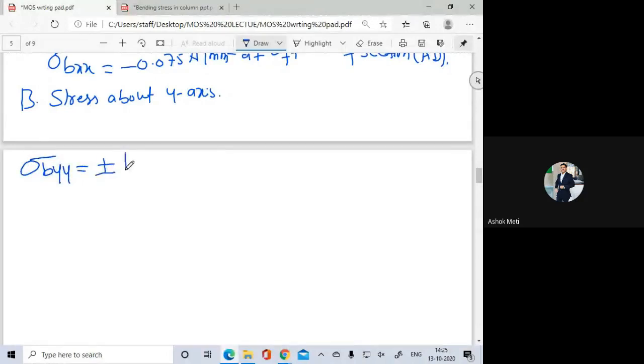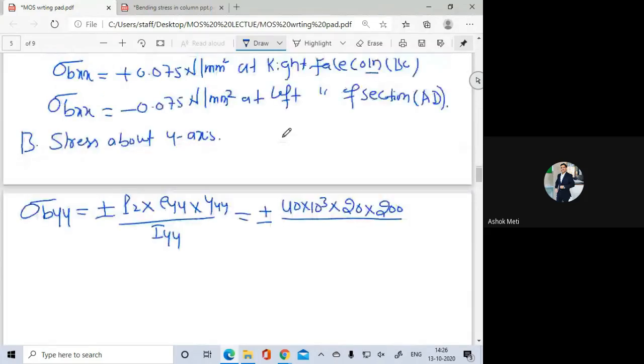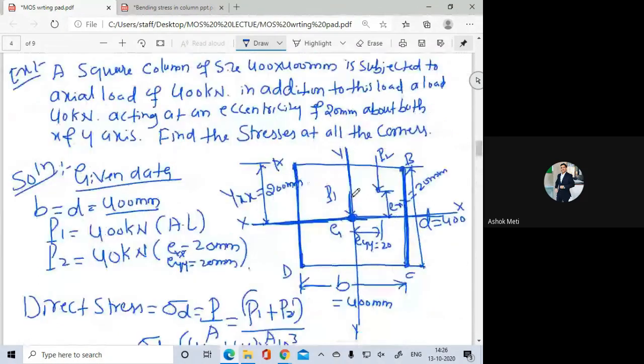again plus or minus P2 into eYY into y upon Iyy. So here P2 is 40 kilonewton, which is converted into Newton, eYY is 20, and y is 200, because with respect to this y-axis there is a 200 mm depth from the neutral axis to the extreme fiber.